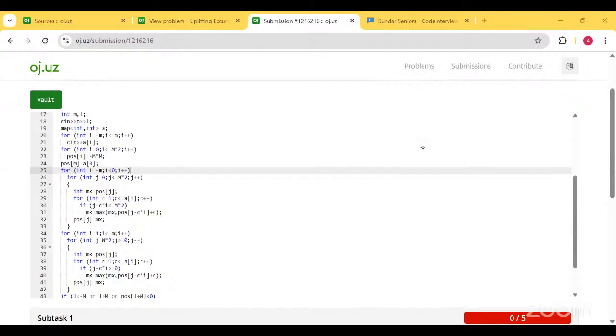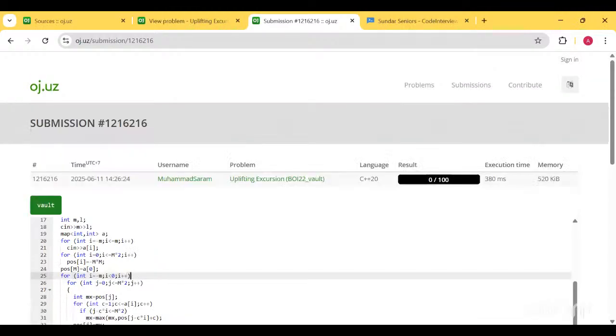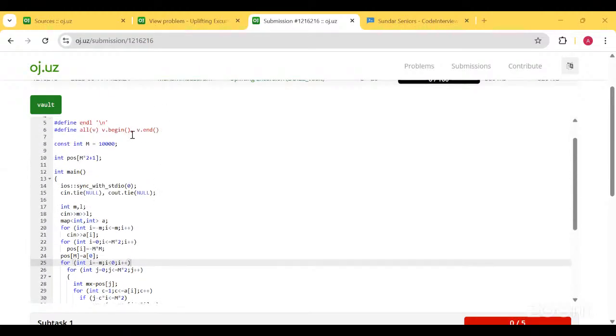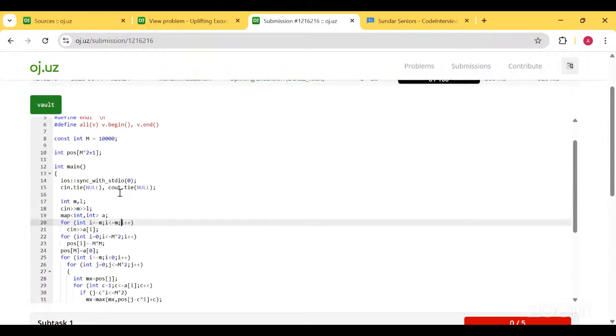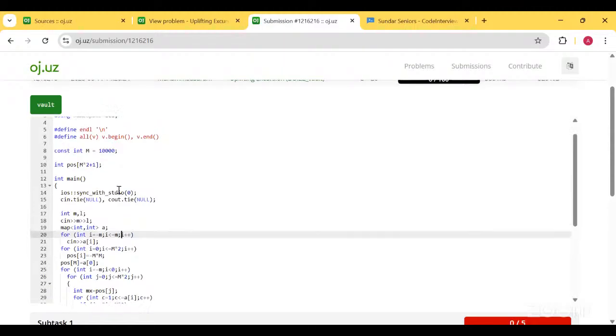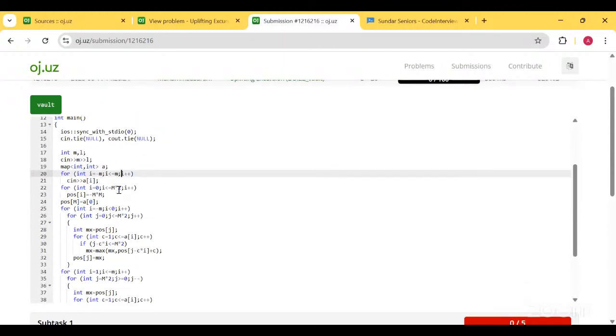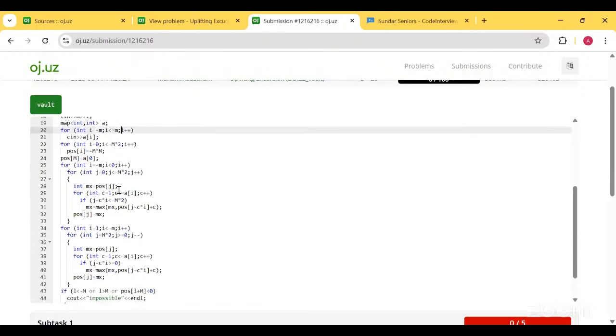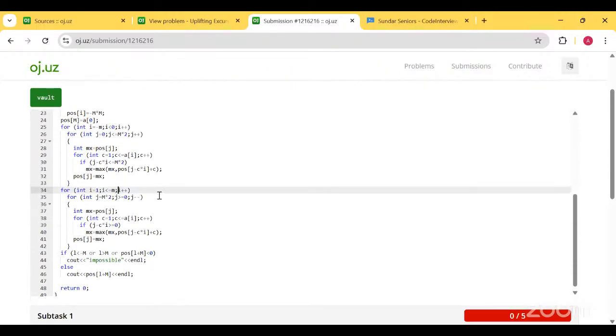Okay. I think it is Saram's solution. All right. Yes, maybe if you want to use knapsack, you need to make it 100,000. And 10,000 is not enough.